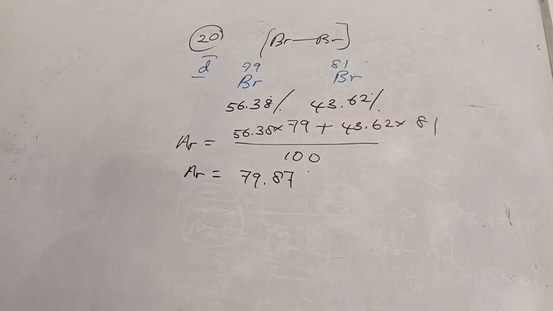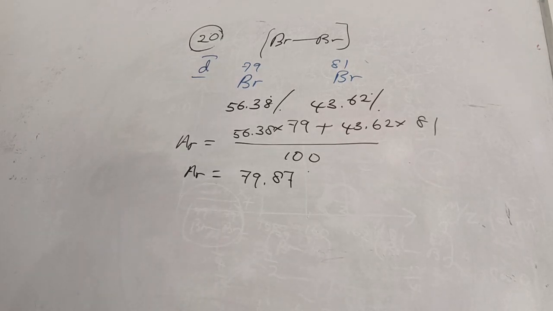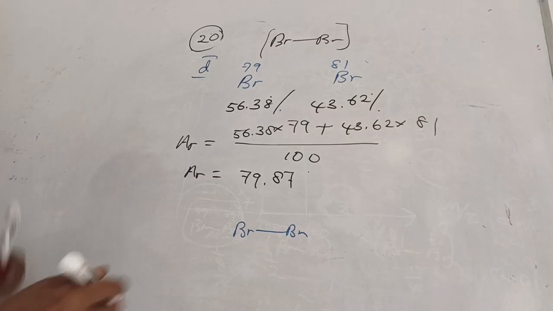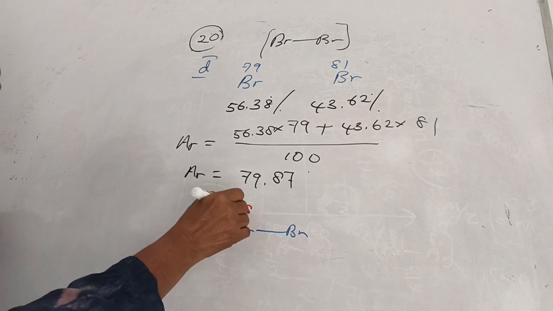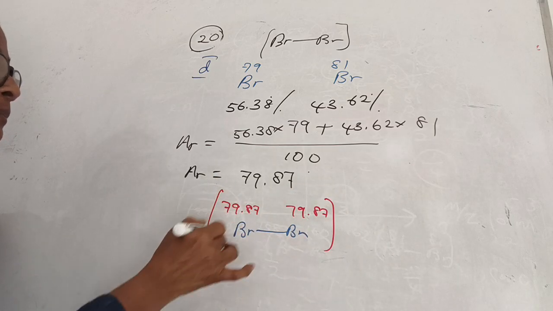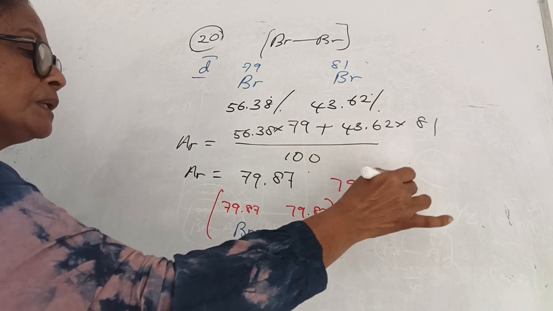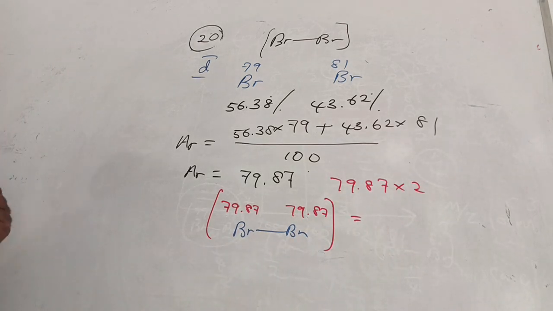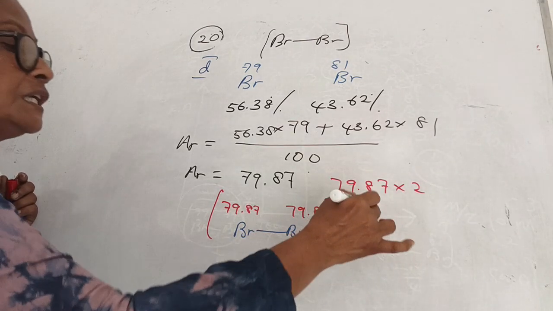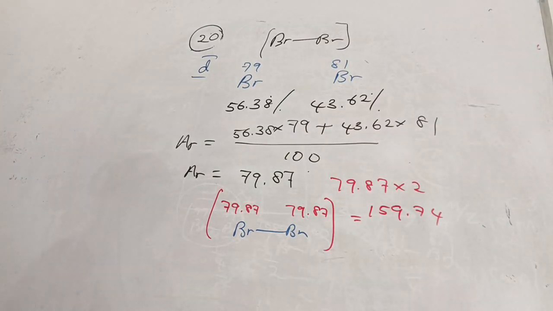To get the molecular mass, it has to be 79.87 and another 79.87, so 79.87 multiplied by 2. It gives you the answer 159.74, which is the relative molecular mass of bromine, and that gives you 3 marks for your working.